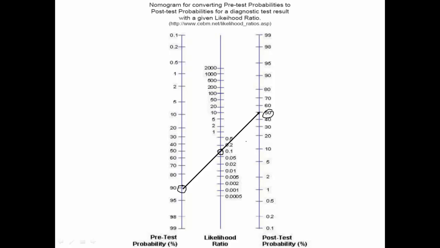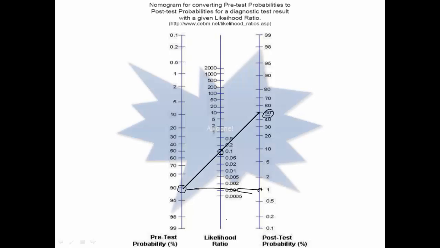So that's kind of a coin flip, right? You've gone from pretty sure the patient has a disease to, well, I didn't completely rule it out, and the patient has a 50-50 chance of still having the disease. It doesn't do that much for your decision making. So you would need an extraordinarily good test to get down to a 1% probability, because the line would be across this way. You need a whopper of a likelihood ratio for a negative test.